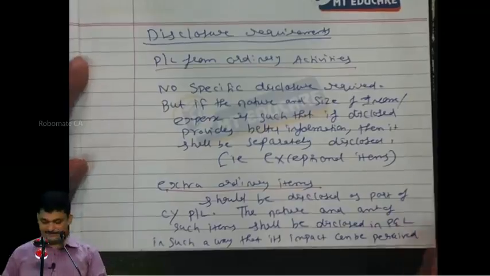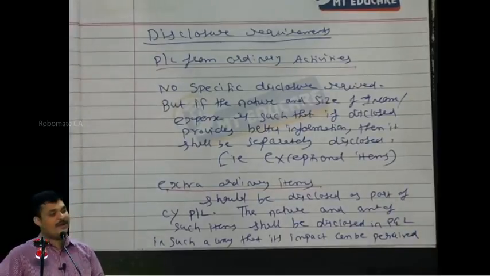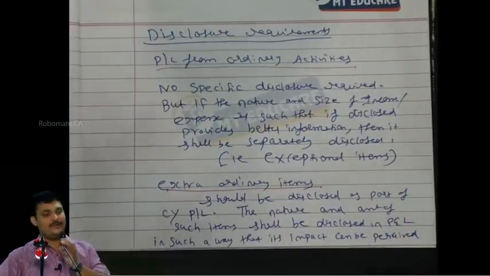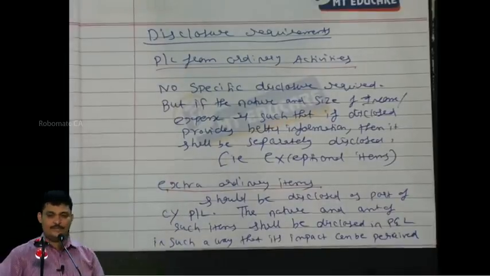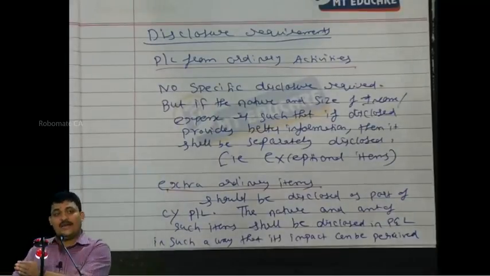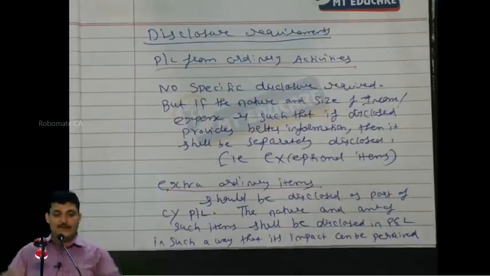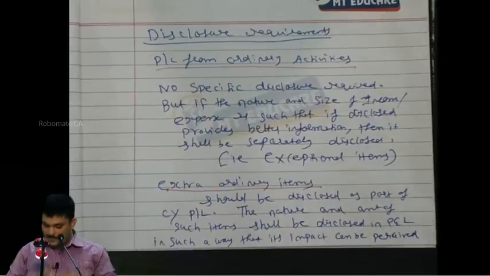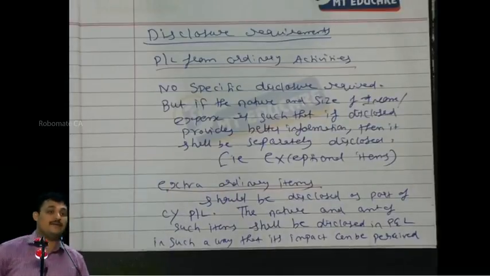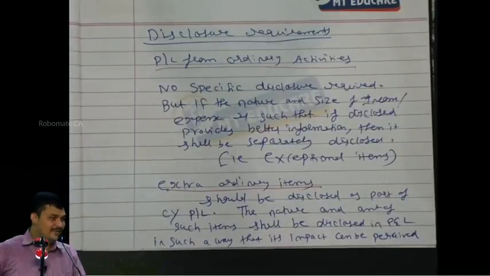Can I turn this page? Extraordinary item should be disclosed as part of current year profit or loss is the first point. Which means that it is not to be presented as if it is distinguishable from the current year item. It is part of current year items. Then the nature and amount of such item shall be disclosed in such a way that its impact can be clearly perceived by the readers.